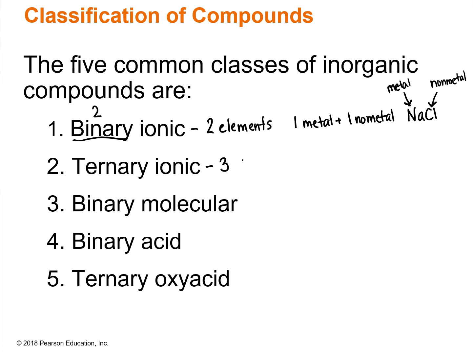Ternary ionic compounds have 3 elements. They typically have 1 metal plus 2 nonmetals. I realized I misspelled that. Struggle, y'all.